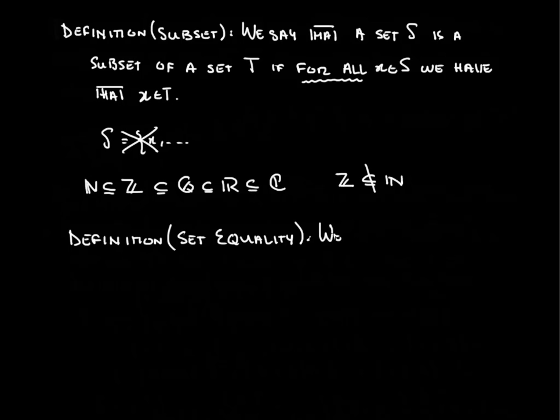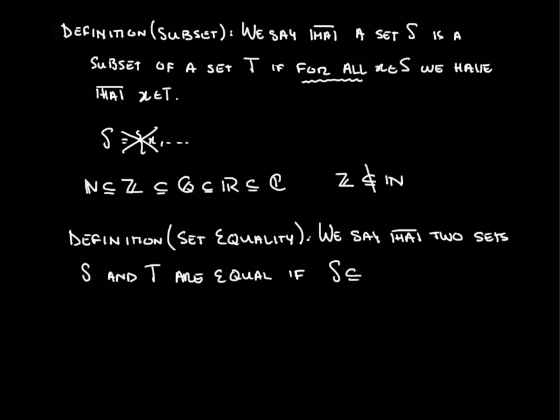Now, we say that two sets S and T are equal if S is a subset of T and the reverse is also true, that T is a subset of S. Now take a moment to appreciate how this definition right here is very organic.